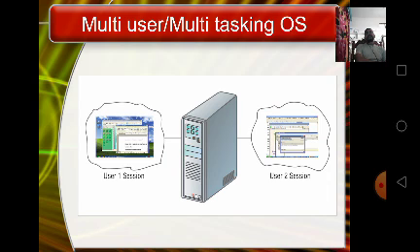The third one is the multi-user, multitasking operating system. Multi-user means more than two people work at a time, and a multitasking operating system means more than two tasks run at a time.